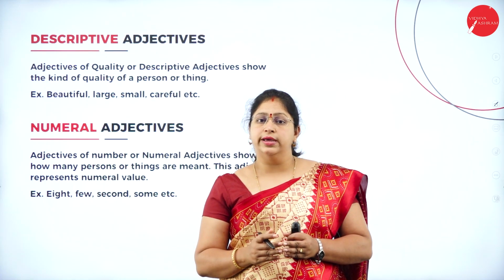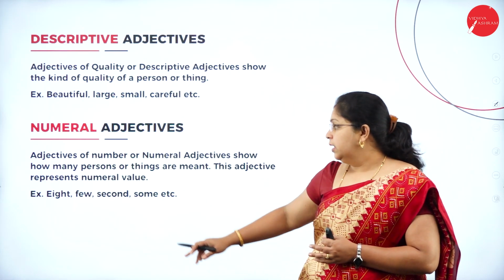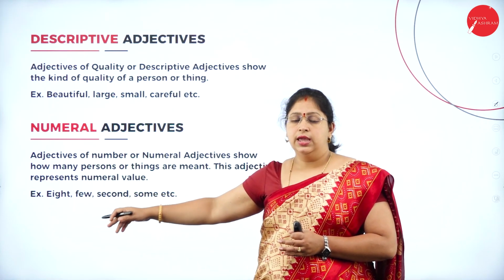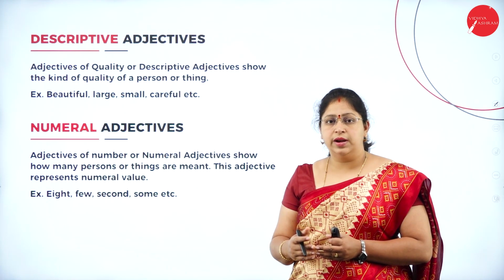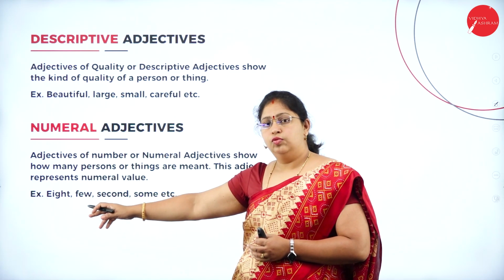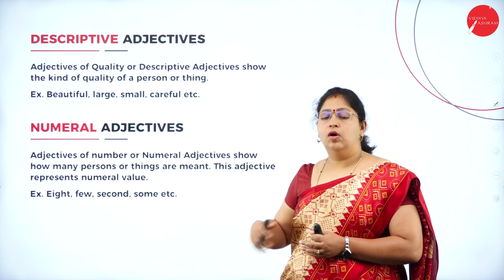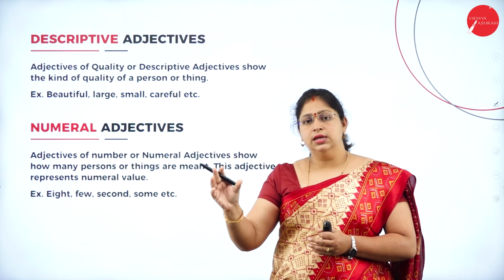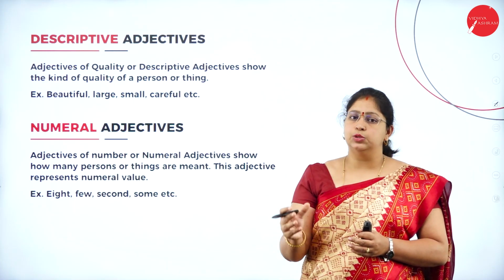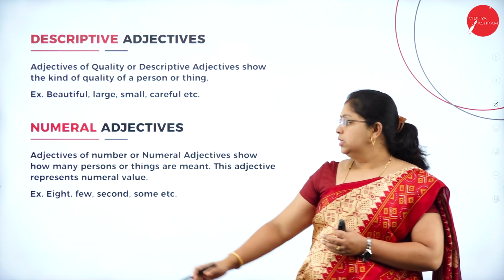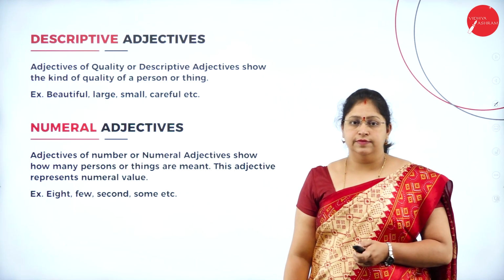Only then it is called a numeral adjective. Like 8. Okay. 8 is a number. Any number can be the numeral adjective. Few, second, some, all these tell us the number. So how many are there? That is told by these words. So these words are called the numeral adjectives.